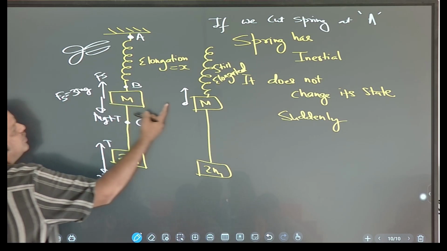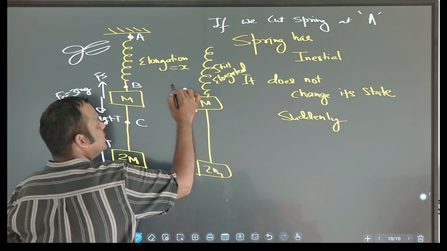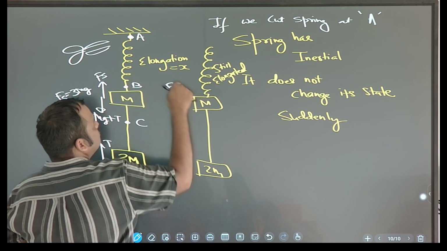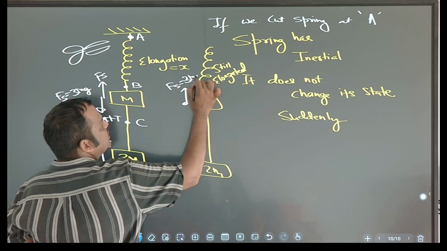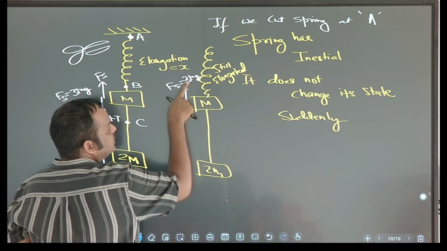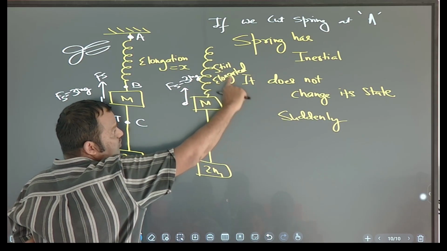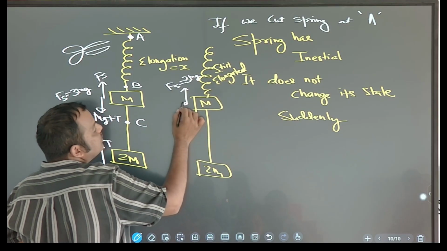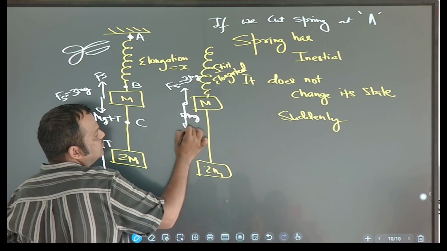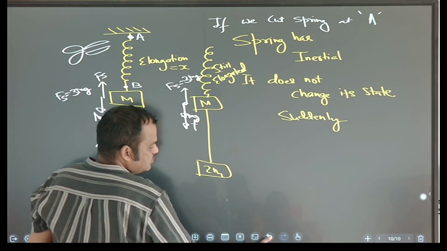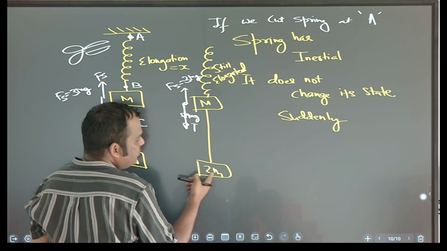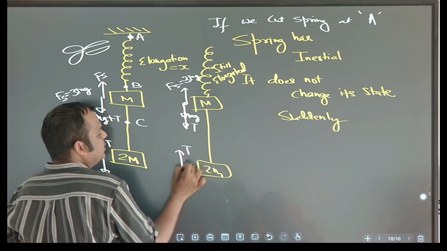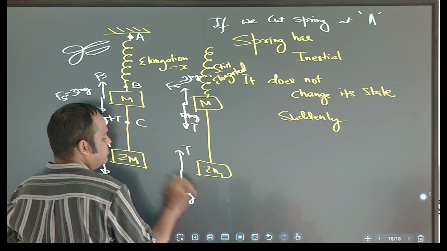Fs is 3mg. Very good. So here also Fs is there, same value, 3mg, because still elongation is there. And downward force mg plus T, and T is 2mg.